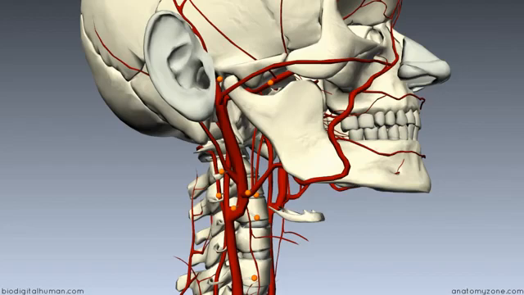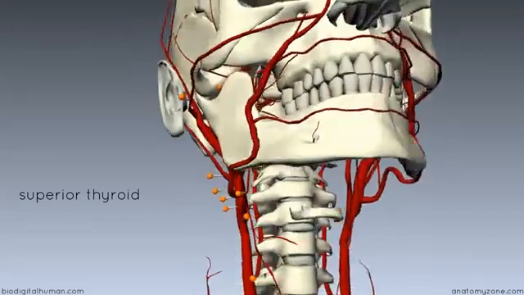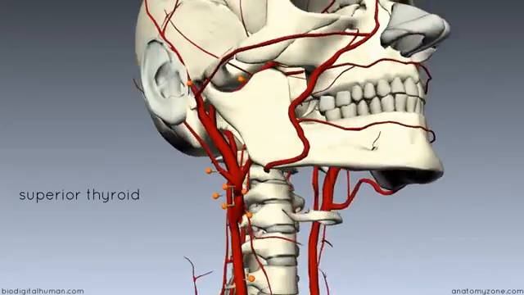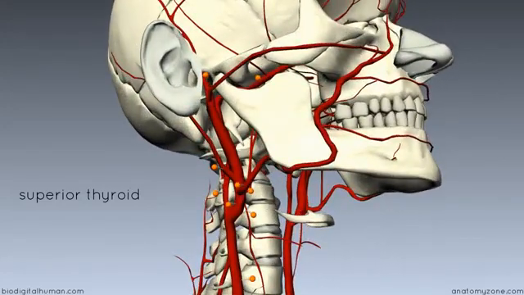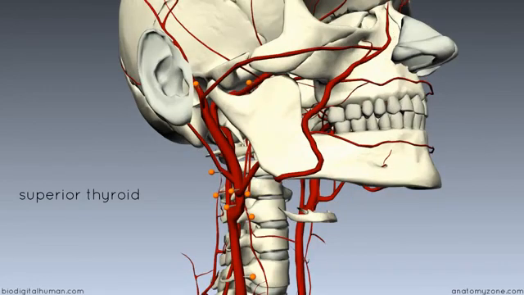So the first artery that comes off just after the bifurcation of the common carotid is the superior thyroid artery. So it's this artery pinned here. Just rotate it around. You can see how it descends, and it actually descends onto the superior pole of the thyroid gland.